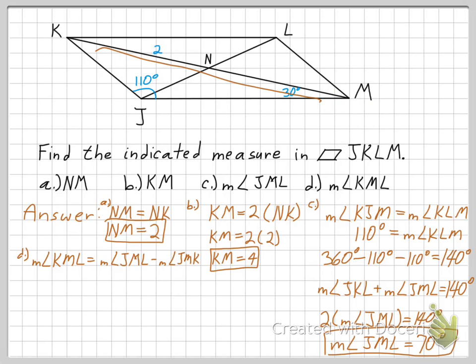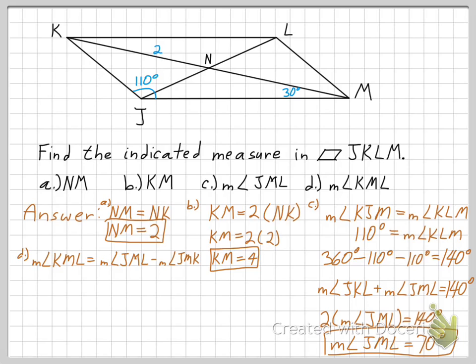If it wasn't for the diagonal KM, we can call this angle M. So JML is the large angle minus JMK, minus this angle that's given to us as being 30 degrees, right? Makes sense? So this portion is equal to the whole thing minus the other portion of the angle.